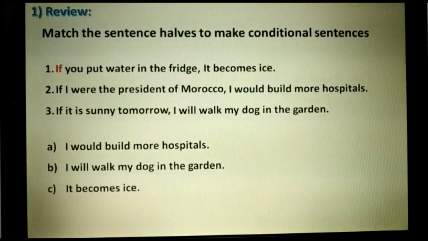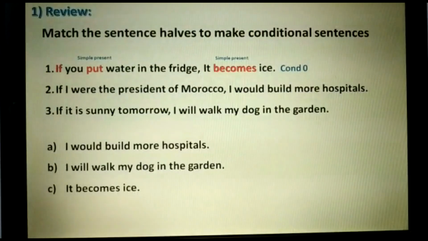If you put water in the fridge, it becomes ice. Notice that in the if clause, the verb put is in the present tense, exactly the case with the verb in the main clause, simple present. So this is conditional type 0.